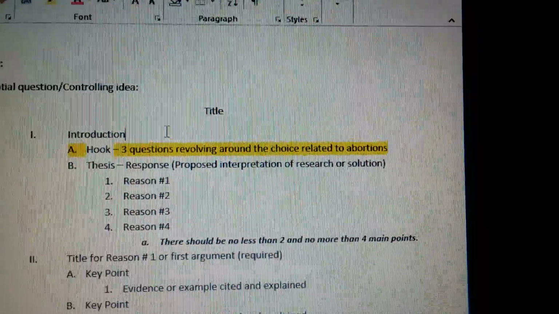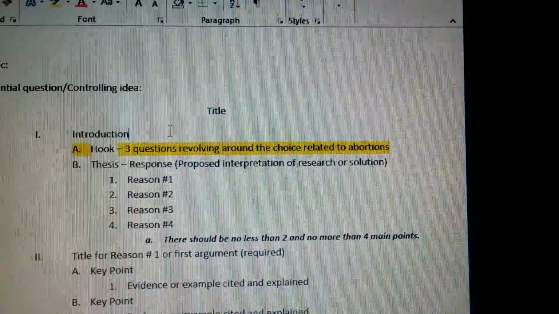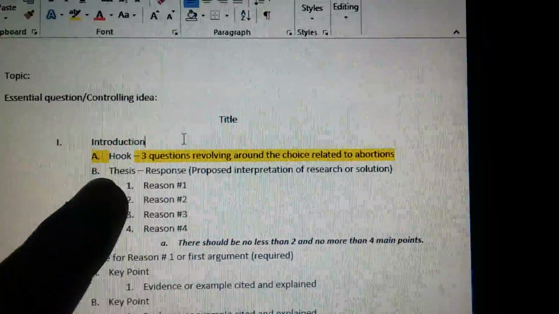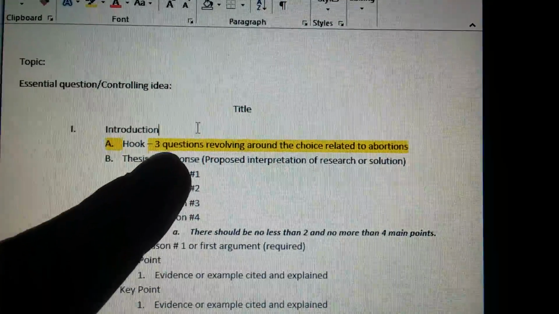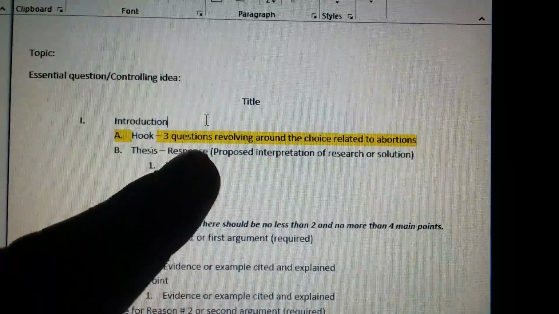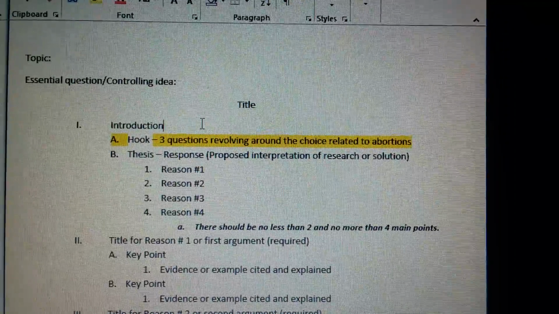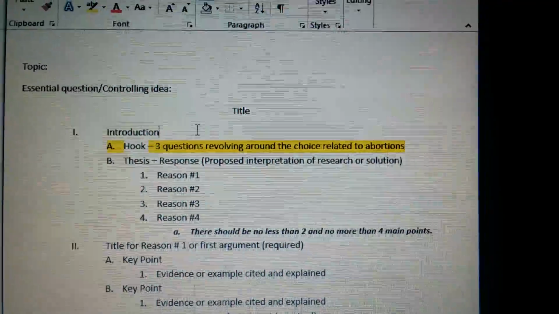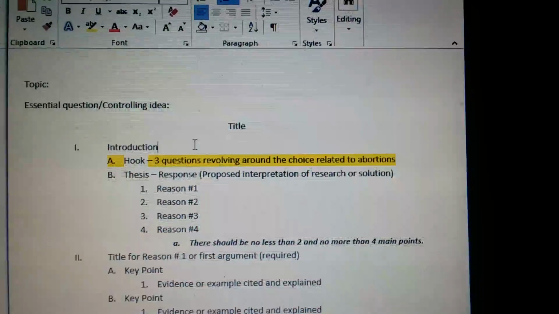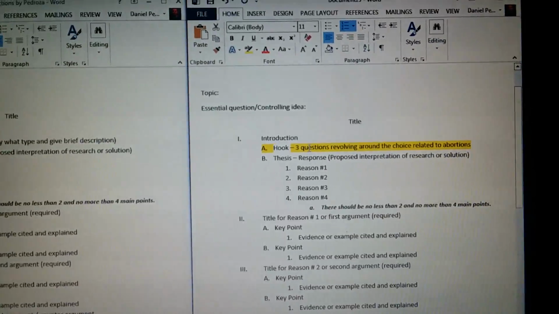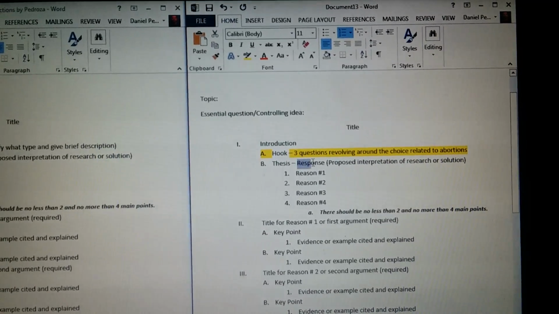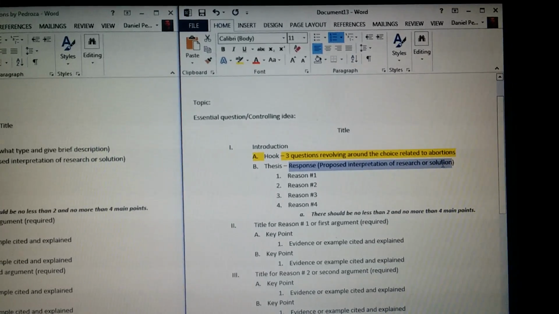It's called a series question hook, and you're letting me know for letter A, as part of the introduction, you're going to ask 3 questions revolving around the choice that is abortion, right? So that's the hook. All right, let's do the thesis. Now your thesis is going to be a full thesis.